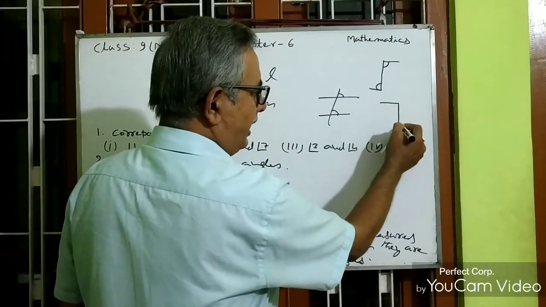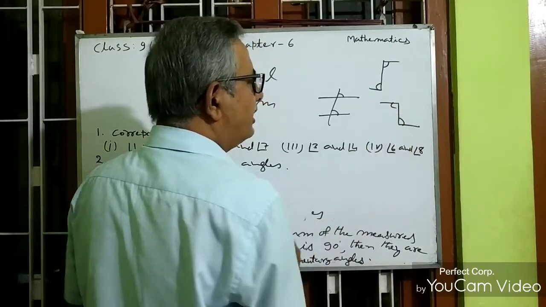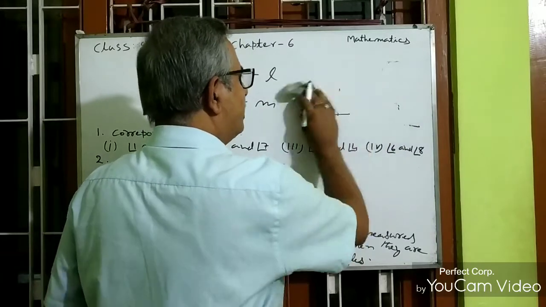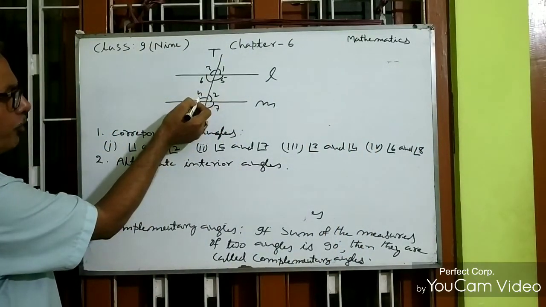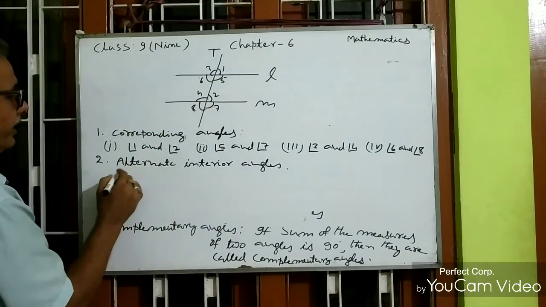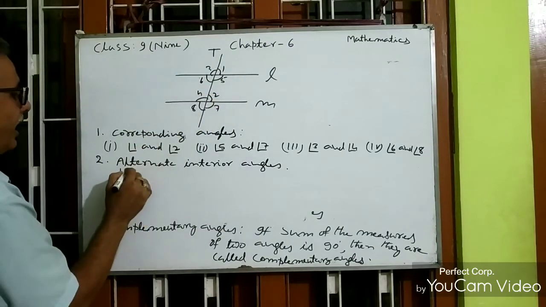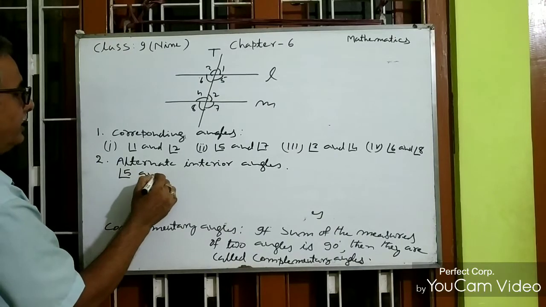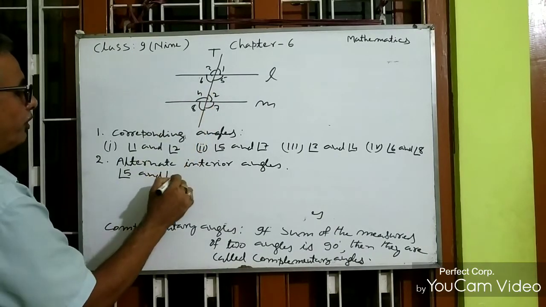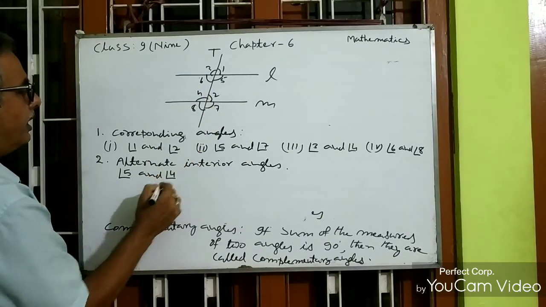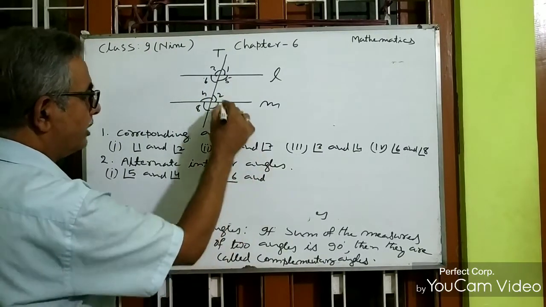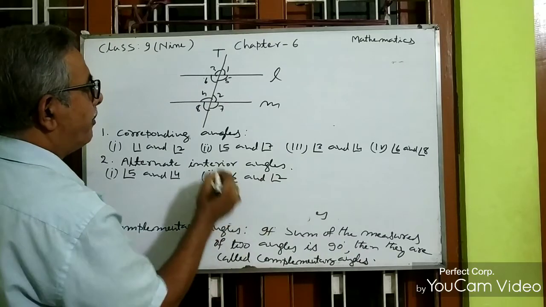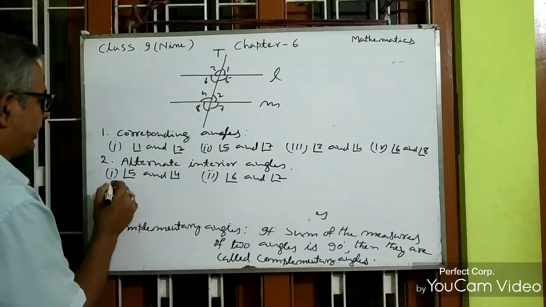If you are writing like that, then these are alternate interior angles. So they are interior angles. Here you see, 5 then 4, 6 then 2. Angle 5 and angle 4, they are a pair of alternate interior angles. Angle 6 and angle 2, they are a pair of alternate interior angles.